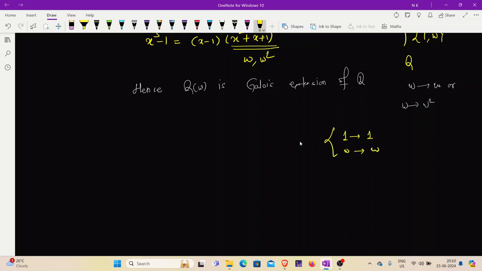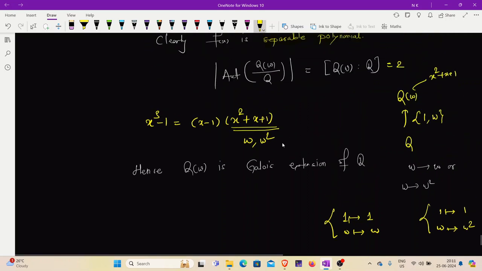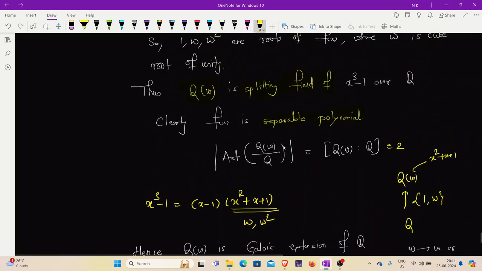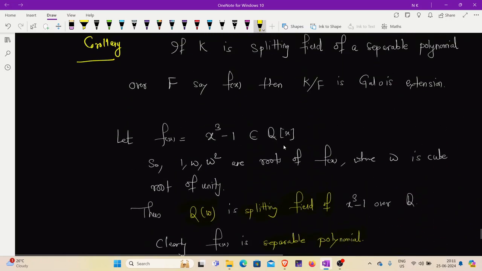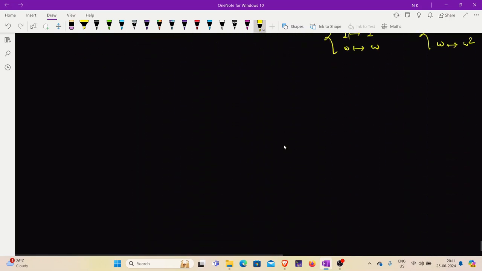The second automorphism: 1 maps to 1 and omega maps to omega square. So the number of automorphisms is 2, the degree of extension is 2, both are equal. That's why Q(omega) is a Galois extension of Q. In this way we can support our corollary.